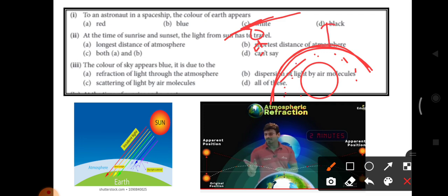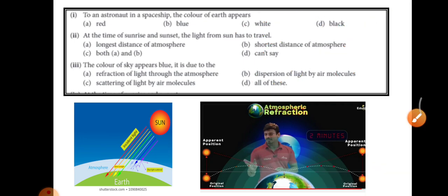Above this there is no atmosphere. So when the sunlight enters this empty space, vacuum, there is no particle. If there is no particle, there is no scattering of light. If there is no scattering, the sky appears only black in color.